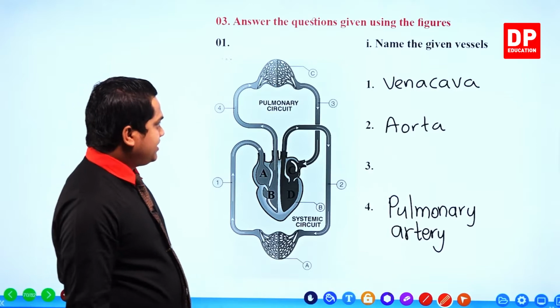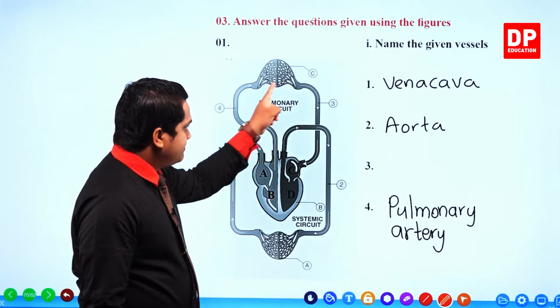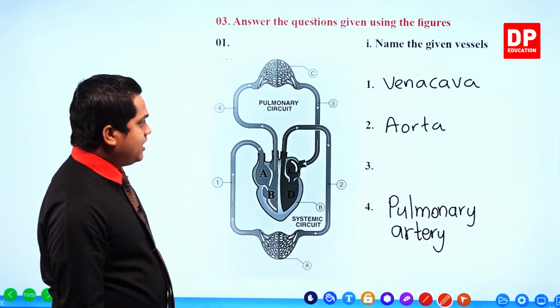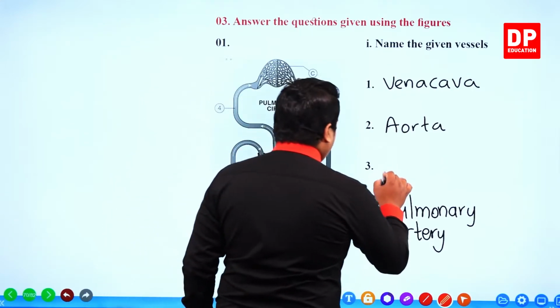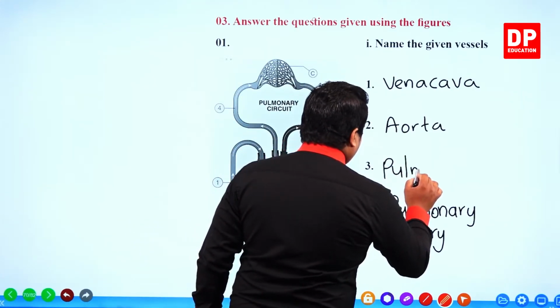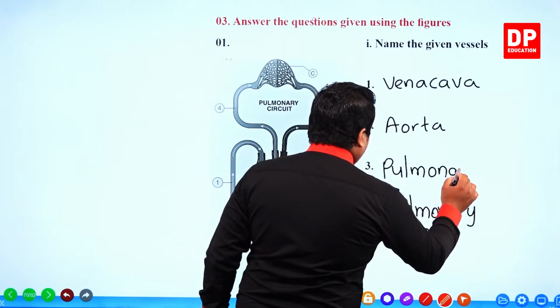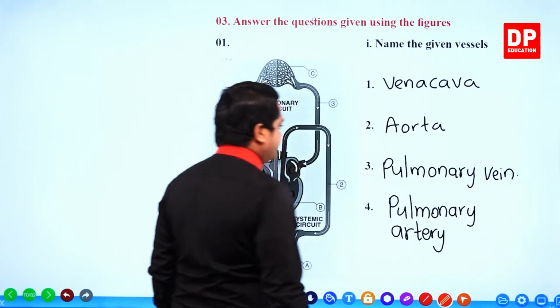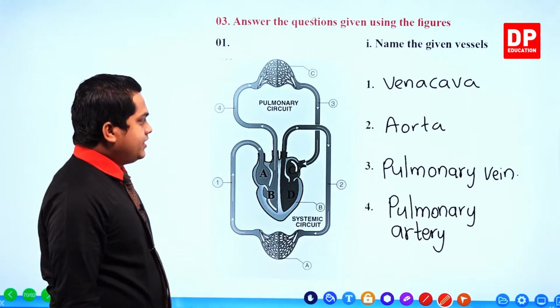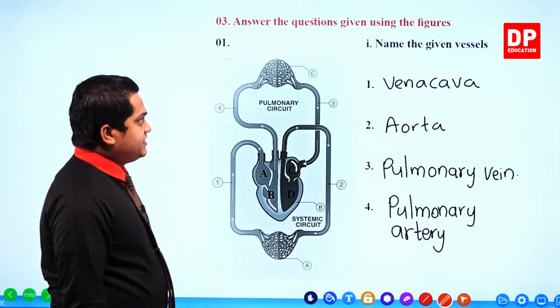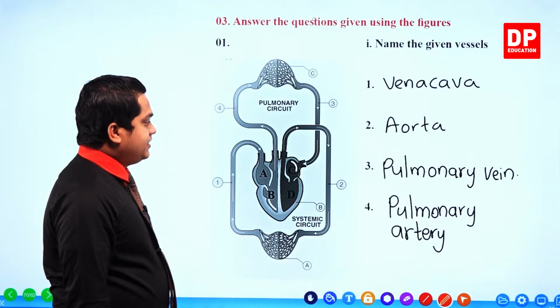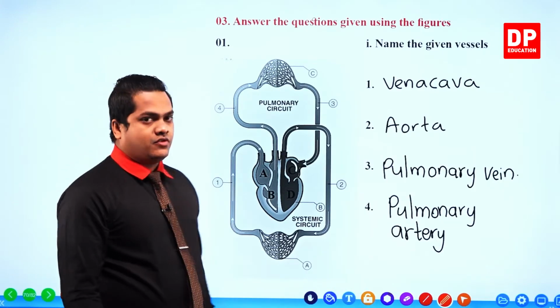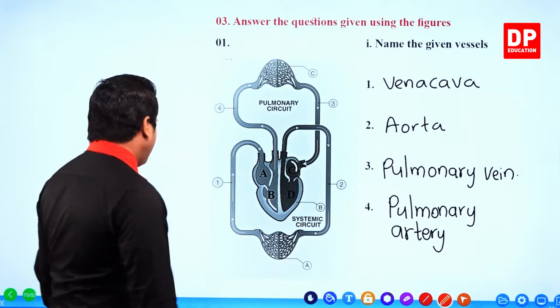Then number 3 brings blood towards the heart from the lungs: pulmonary vein. So these are the four main vessels that we can identify within the figure, right? Four main vessels. Right then.